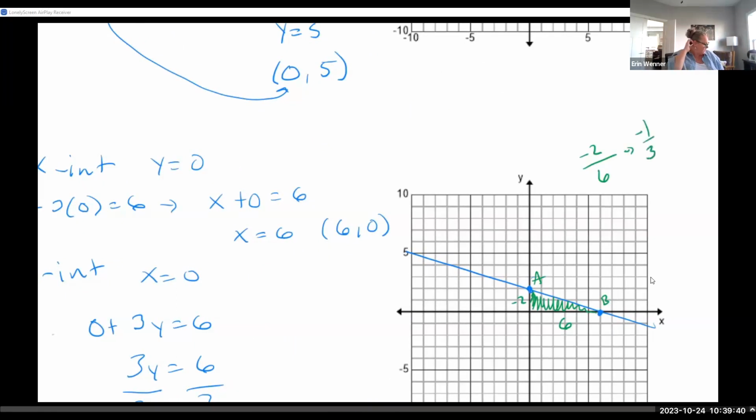That's a way that we can physically find the slope from our ordered pairs on the graph. And we can even see, if we come in here with a different color and we come down 1, right 3, oh, look, that point was on my line. Down 1, right 3, and then we get to point B as well.